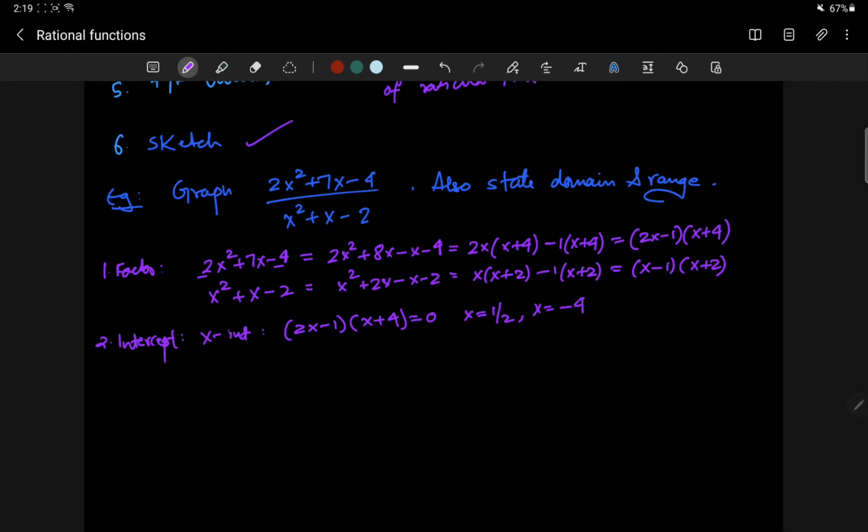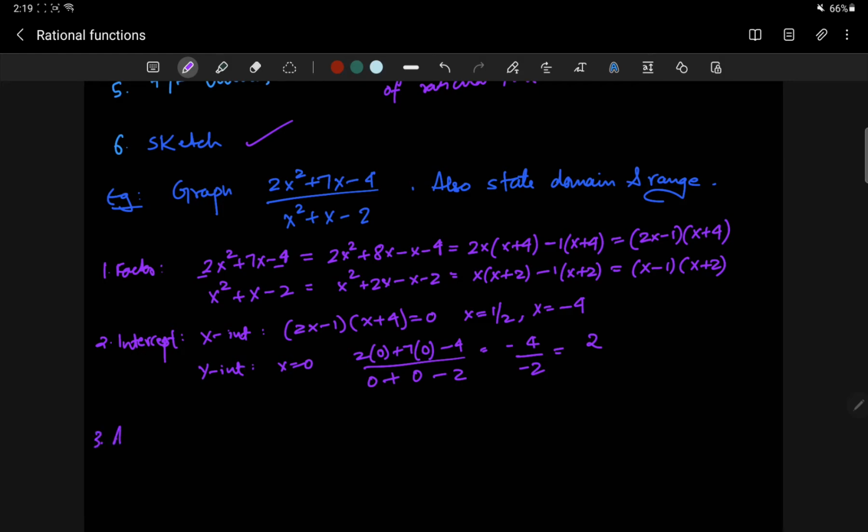So you have two x-intercepts. What about the y-intercept? You set x equals 0, right? So you have 2 times 0 plus 7 times 0 minus 4 over 0 plus 0 minus 2. That's going to be -4 over -2, which is 2.